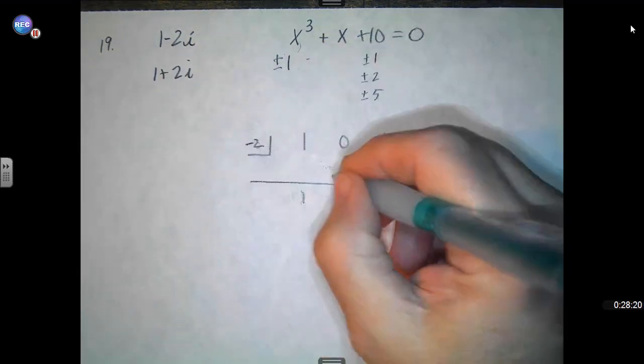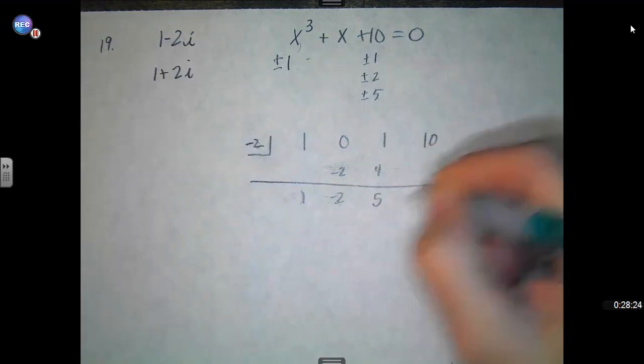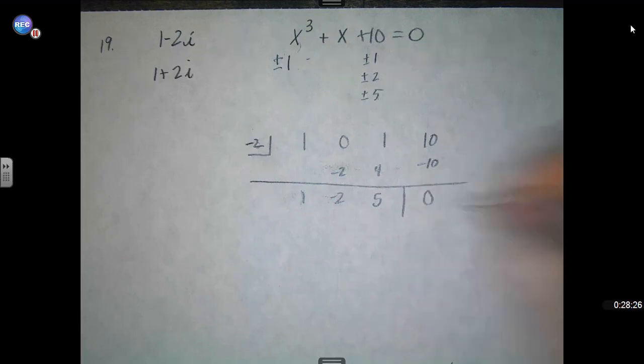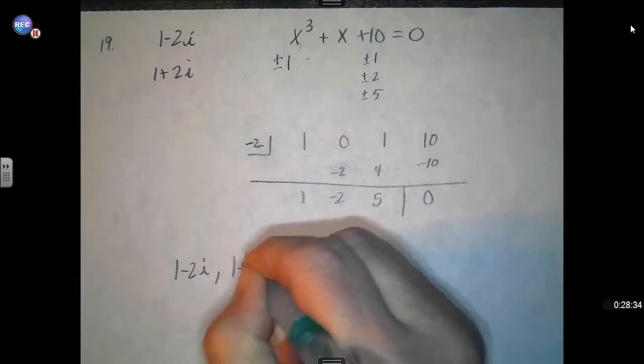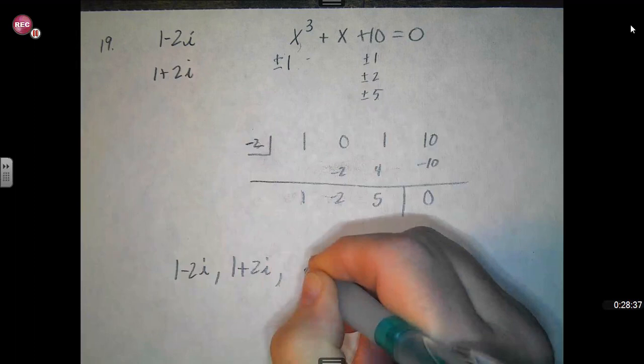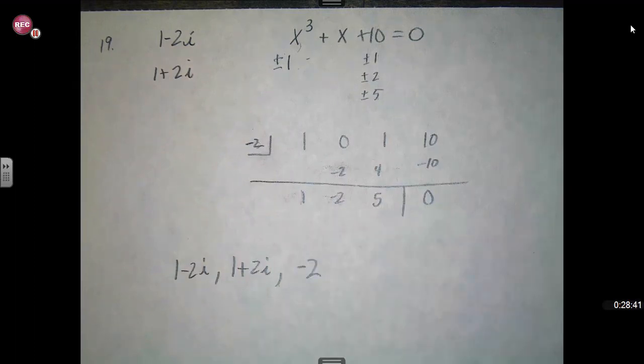I'm going to get 1, -2, -2, 4, 5, -10. Bingo, there it is. So if 1 minus 2i is a root, 1 plus 2i is a root, and then the rational root is -2. Okay?